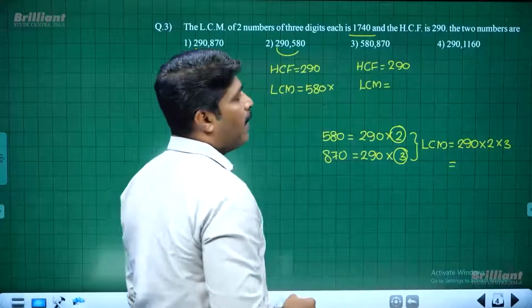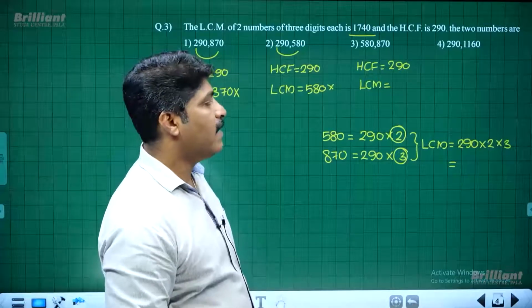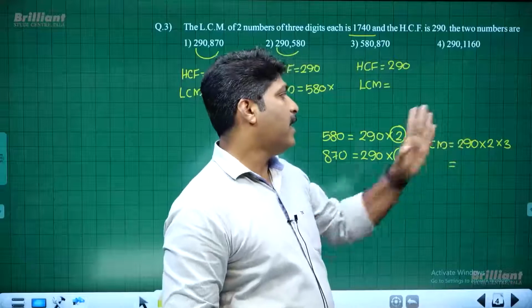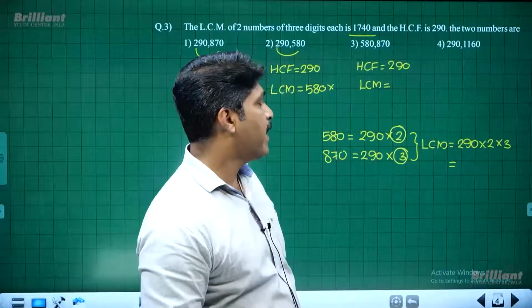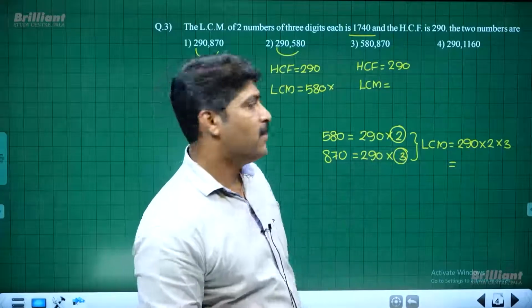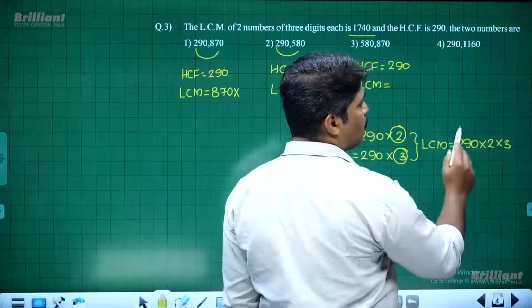So while we are multiplying these values, what you will get here is 290 into 2 into 3. Got it? So if you are simplifying this one, what you will get? So this is 290 into 2, 290 into 3. So what is the LCM here? This is equal to 6 into 290.